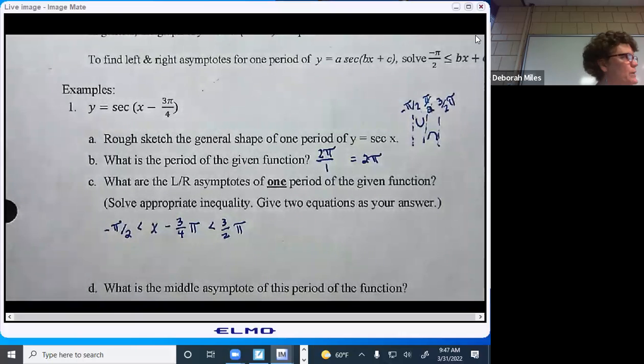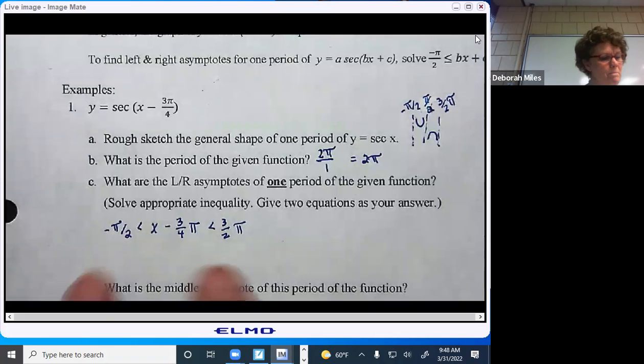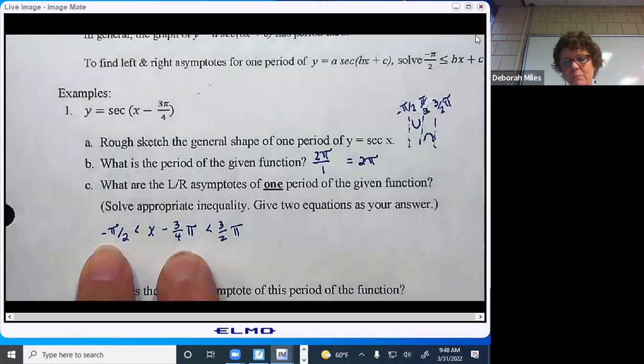And then I'm going to add 3/4 pi to all 3 sides of that equation. Again, in my happy bubble, y'all are practicing not having to touch your calculator to add fractions, because if you practice, you can add fractions faster than the calculator can. But if you're not sure, double check yourself. I don't want you to miss this problem on the test because you added 3/4 and negative 1/2 incorrectly.